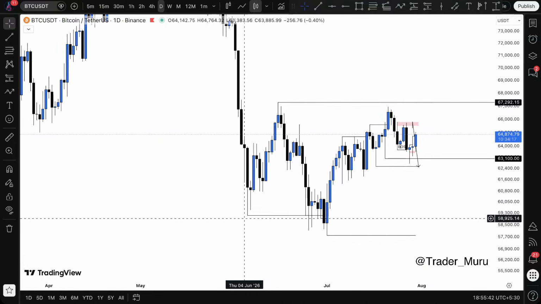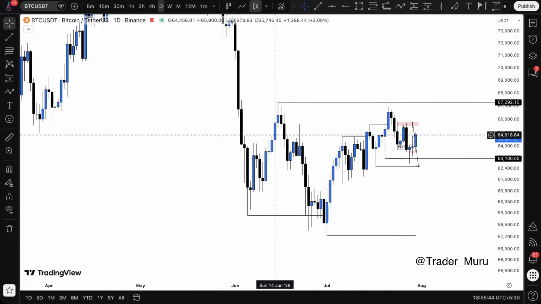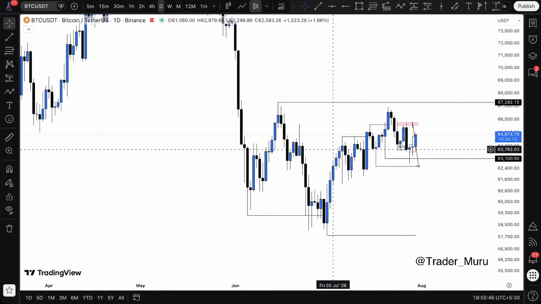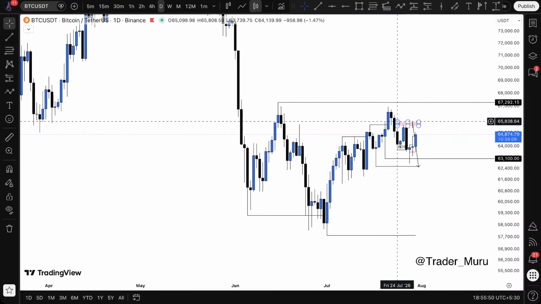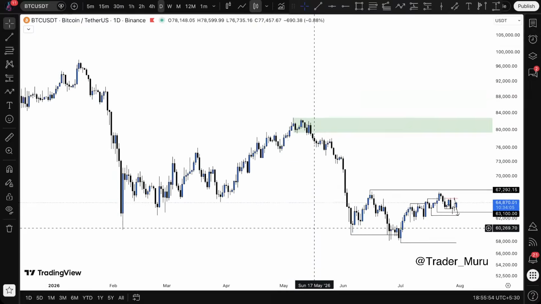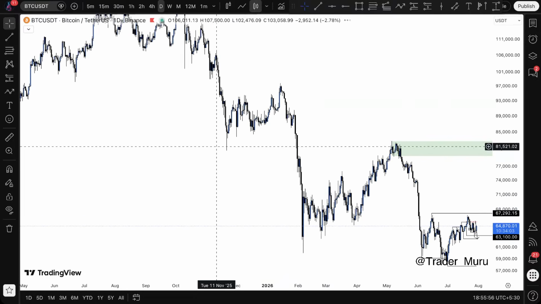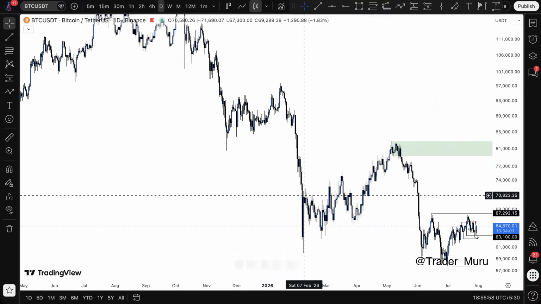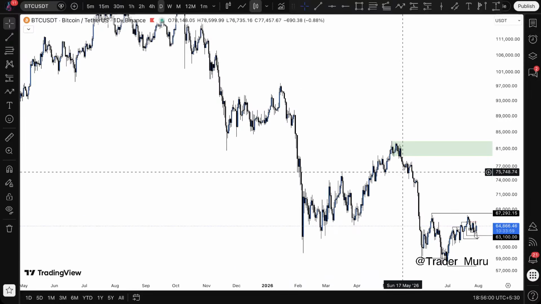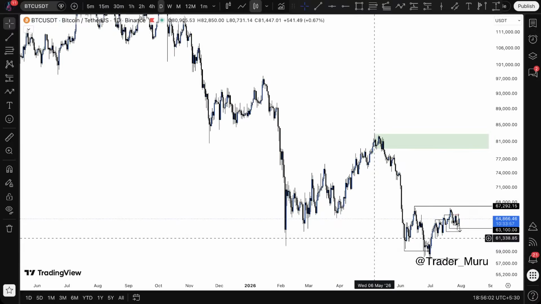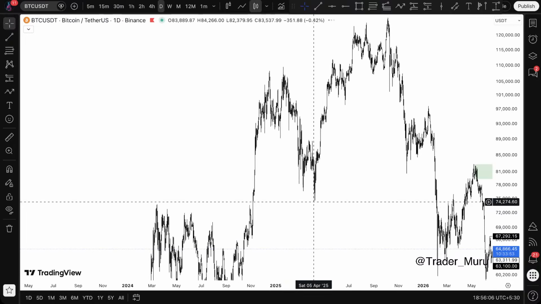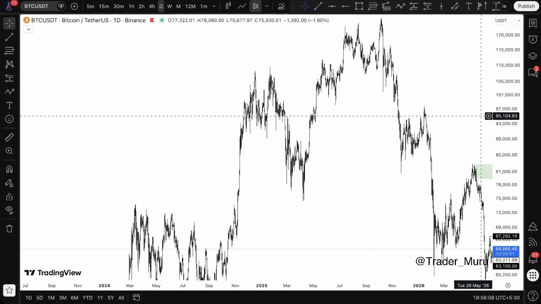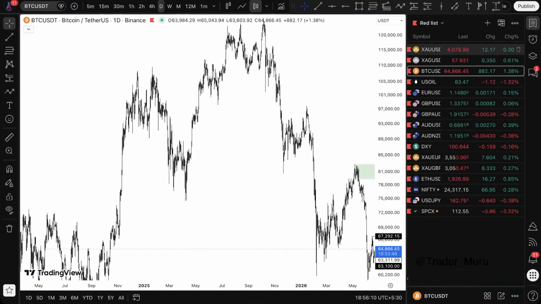Whenever we have a bigger time frame breakout structure, price will consolidate for a longer period before giving you a trend side move again. This was a bigger time frame breakout structure. So whenever you have a bigger time frame breakout structure, price will always be ranging.